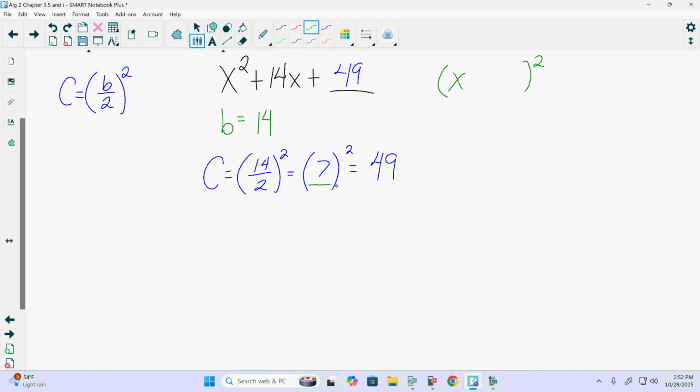And that number was 7, positive 7. So that means it's going to be x plus 7. If it had been negative 7 inside the parentheses before we squared it, it would have been x minus 7.